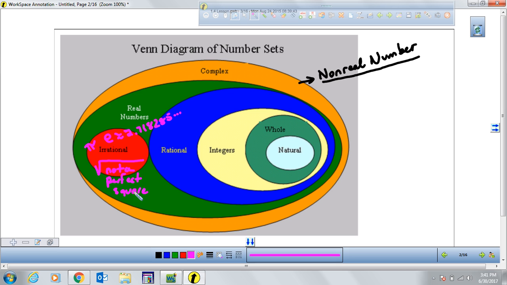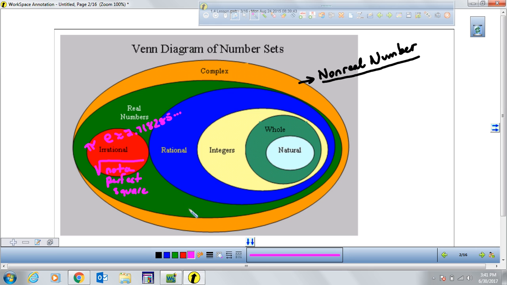If you think about it, for example, the square root of 2 is between 1 and 2, because the square root of 4 is 2 and the square root of 1 is 1. So the square root of 2 would be a number between 1 and 2, 1.41 and so on and so on. So it's going to have infinitely many decimals, which again cannot be turned into a fraction.